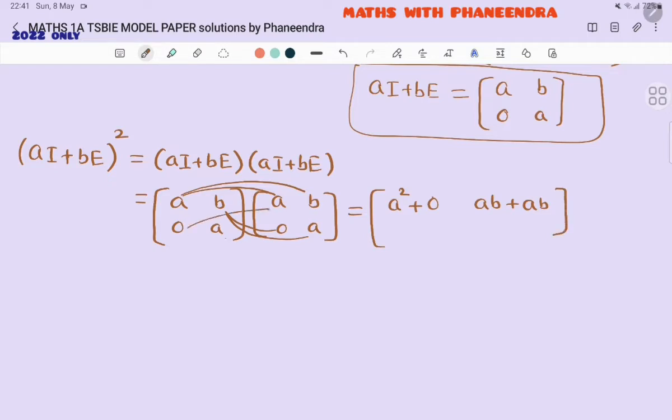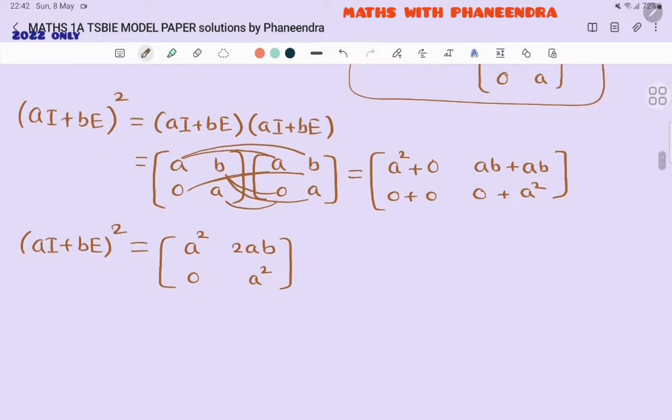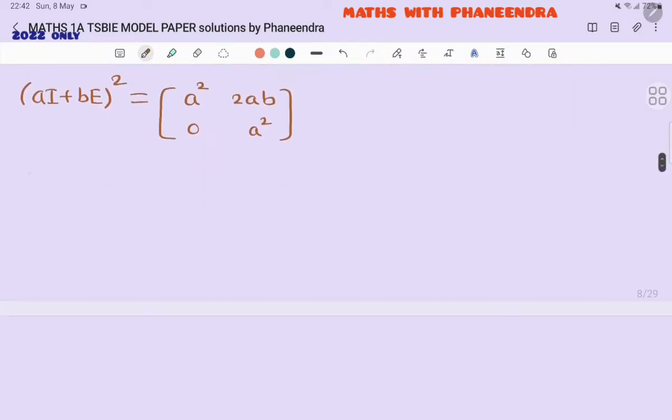Next 0 into A and 0 into A, so 0 plus 0. Next 0 into B plus A into A, A square. So A square, 2AB, 0, A square. This is about (AI plus BE) whole square, but we want (AI plus BE) whole cube now.